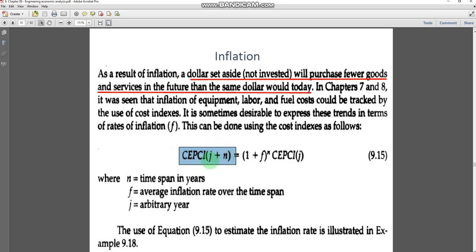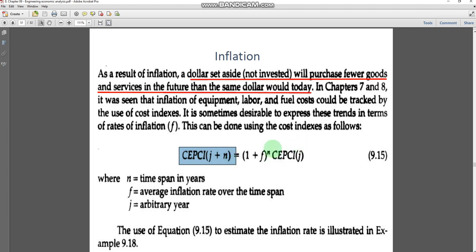For example, in this one, J plus n, J is an arbitrary year, and n represents the time span in years. So maybe you want to calculate the cost of a specific equipment in 2020, using the CEPCI for 2020, and the same equipment which you might have bought in the year 2015.